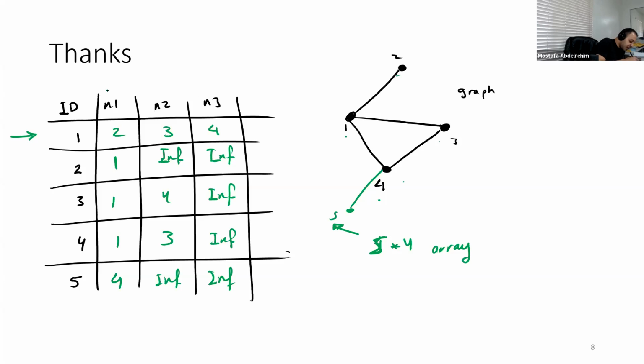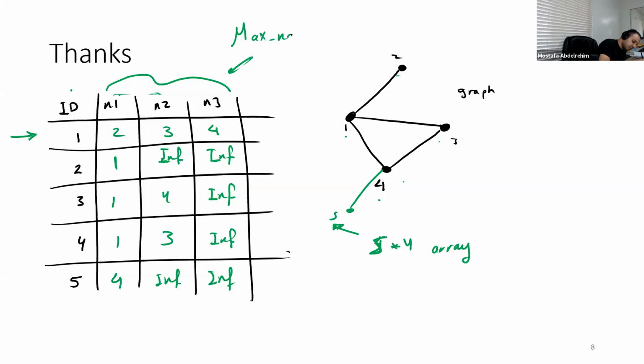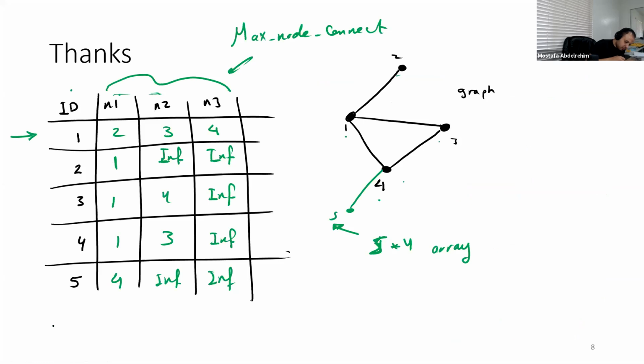So, what is the number of columns we need? If we set the maximum number of connected nodes to 2, for example, then besides the ID column we have two columns. So we have the max number of connected nodes plus 1.